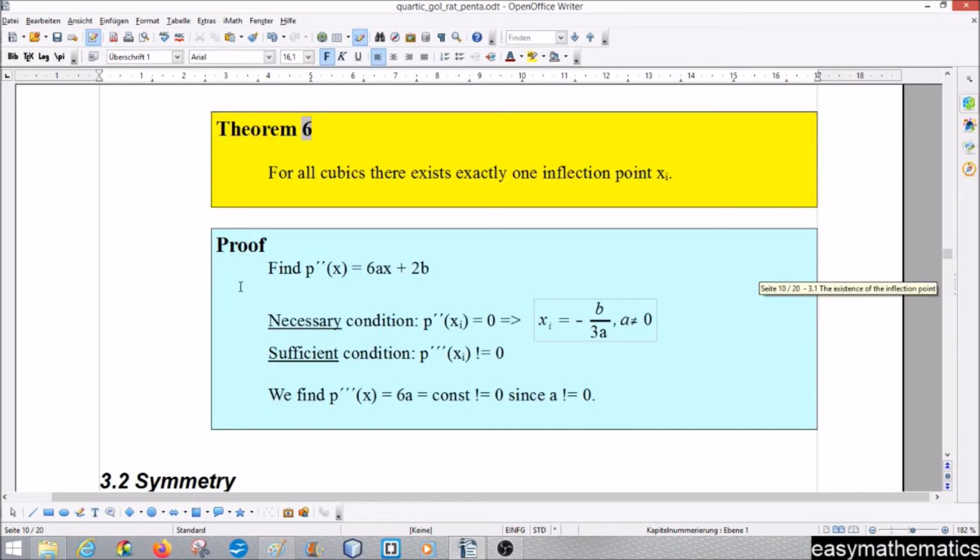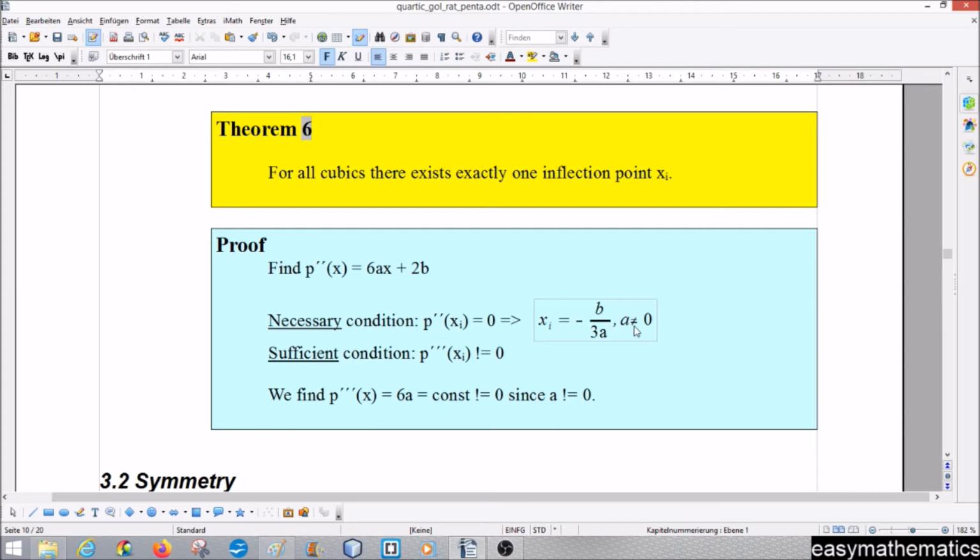The proof is, we first find the second derivative of p. This is 6a times x plus 2b. The necessary condition for an inflection point is that the second derivative is 0, so we get xi is minus b over 3a. And this value exists since a is not 0.